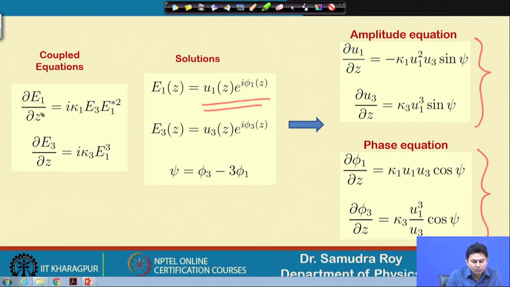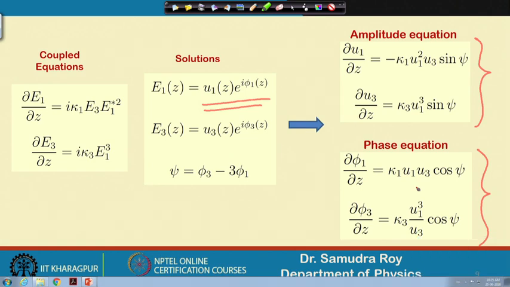Please note that when you put this in, U1 and phi 1 will be here, and on the right hand side also you will have U1 and phi 1, so we will have an equation where the left hand side and right hand side both have real and imaginary parts. If I separate out the real and imaginary parts, then we can separate the amplitude equation and phase equation. This is the treatment that we have already done in the second order effect. So, I ask the students to please do that by yourself and try to find out whether you are getting this amplitude and phase equation or not. The expression is already given in this slide.